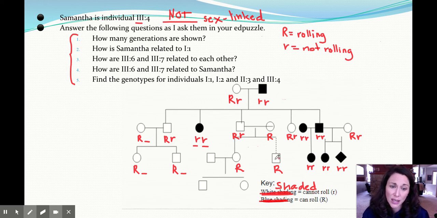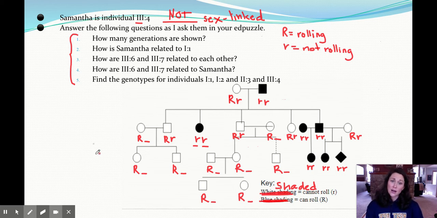Both of their offspring can roll their tongue, and so we're going to put R blank, and R blank here. And finally, as we look at this example, we have this man who married in. Again, we don't know what his genotype is because their offspring are both tongue rollers, but we don't know if they are heterozygous for the trait or homozygous dominant. So we are going to put R blank, R blank.